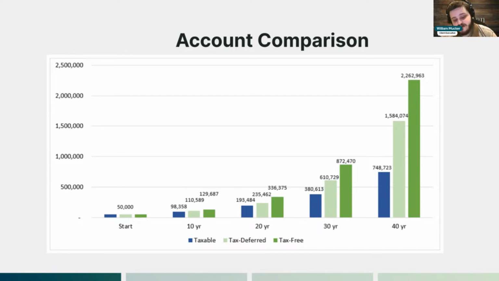So over 40 years towards the end, you can see that the W-2 only earns about $700,000. It's important to note that the light green and dark green, tax deferred and tax-free, both earned $2.2 million. However, when you went to take the distribution of that tax deferred funds, you're paying about $700,000 in taxes on that 2.2 million. So you're only walking away with about 1.5 million.